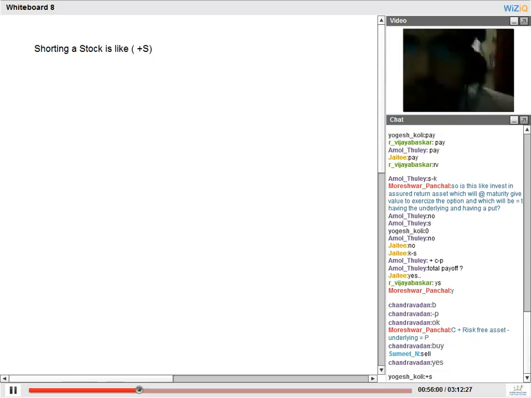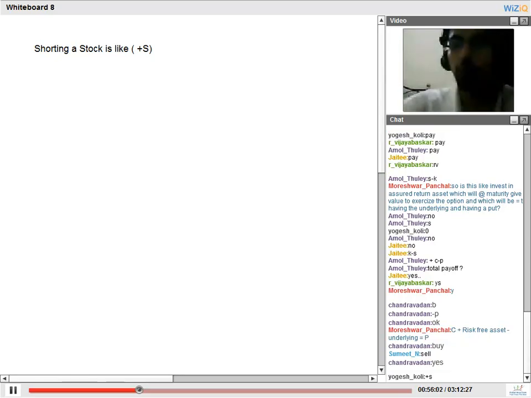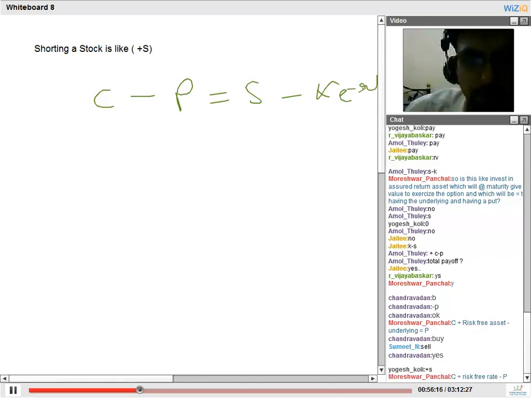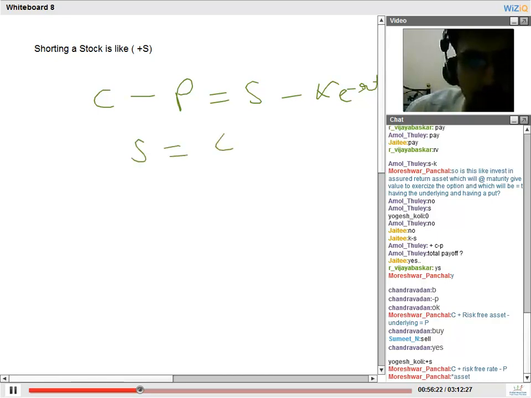Rearrange the equation to calculate how plus S looks like. C minus P is equal to S minus K e raised to power minus RT. Plus S will look like S is equal to C minus P plus K e raised to power minus RT.